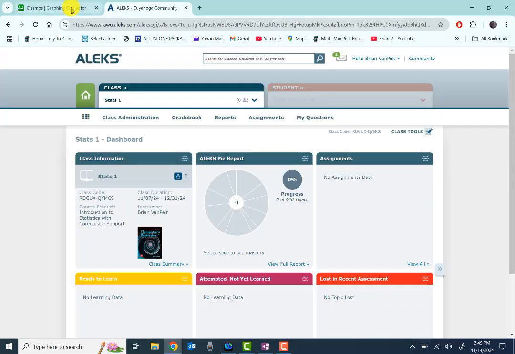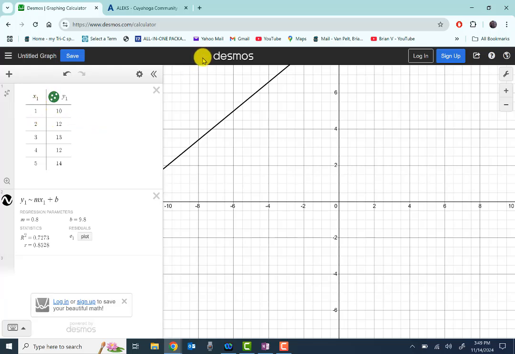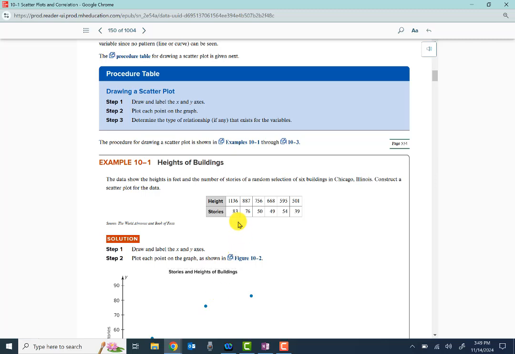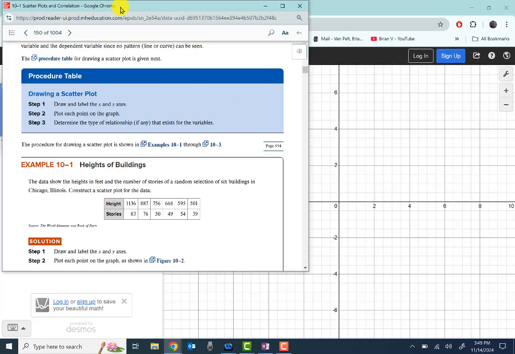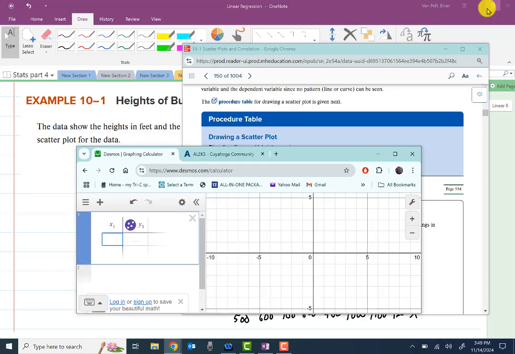Let me put in some data. I'm going to delete this table so that you can see it from scratch. Remember, to get this started, you just type in table and it will automatically make one up. Let me put in the numbers. 1136, it'd probably be easier if I did it this way. And maybe make this one small as well so that I can see them both at the same time.